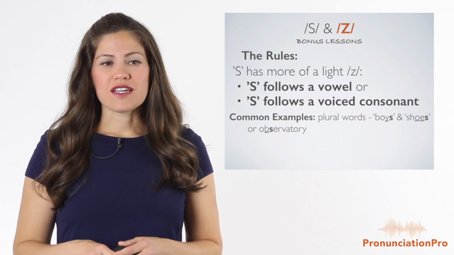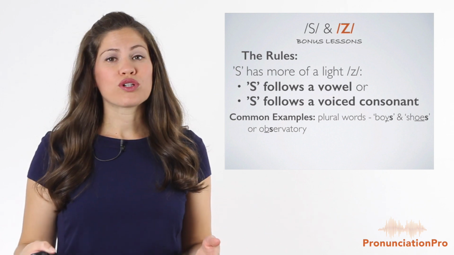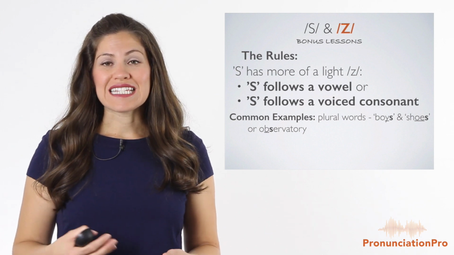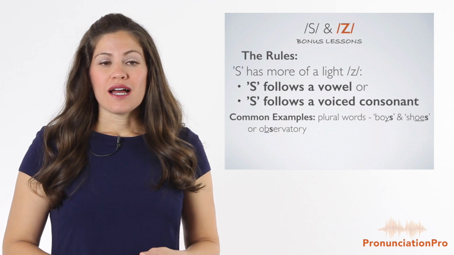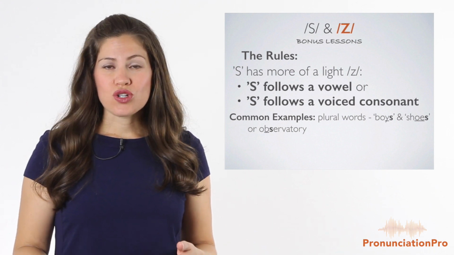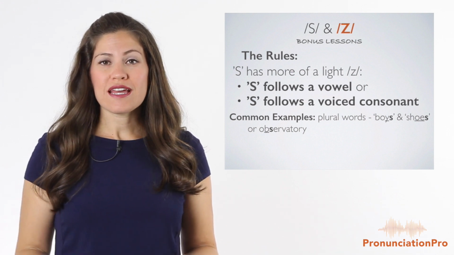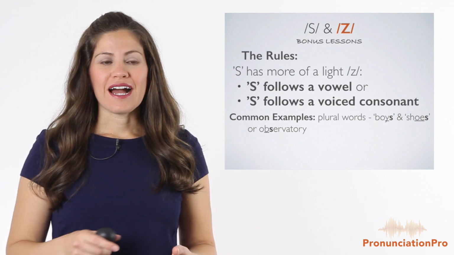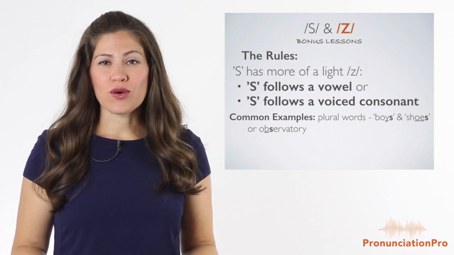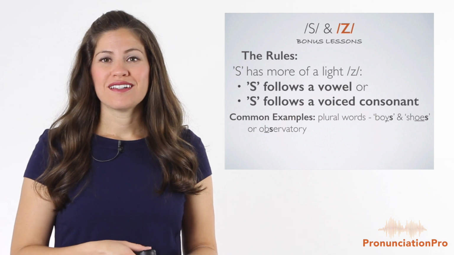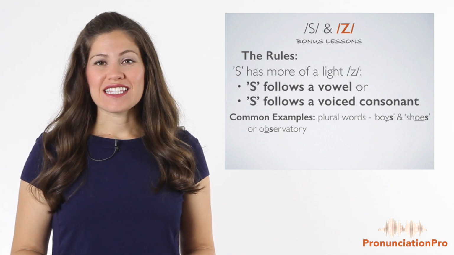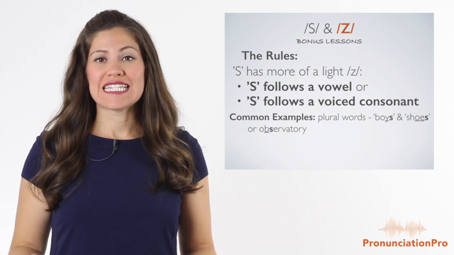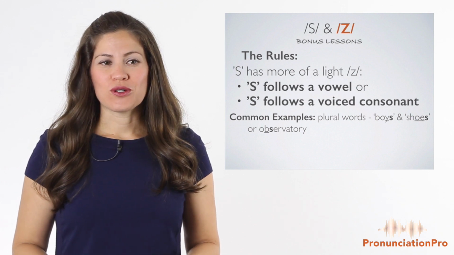Some examples: most plural words are going to have that Z sound at the end. Boys, shoes have that vowel before the S. And words like observatory have that voiced consonant and then the S right after, so that's going to get that Z, that voiced sound.